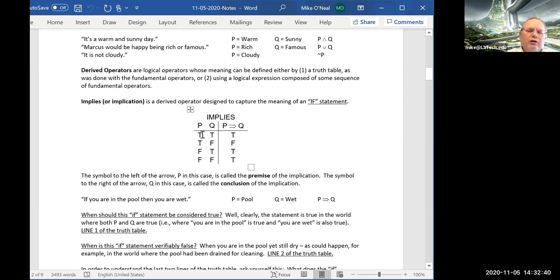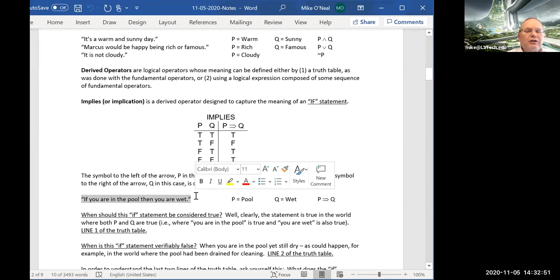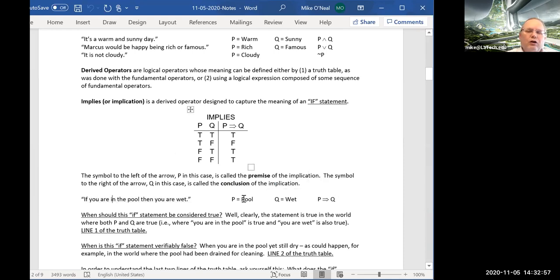If you really are in the pool and you really are wet, then this if statement should be true in that case. If I tell you, if you're in the pool, then you're wet, and you really are in the pool, that's what the T under P means.